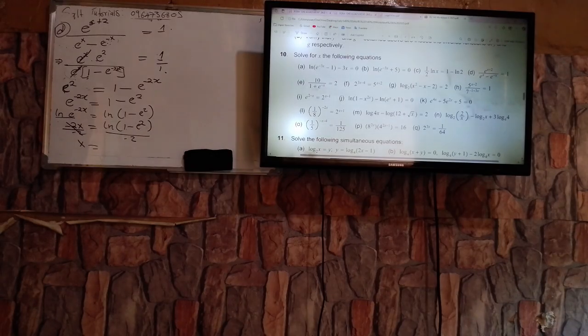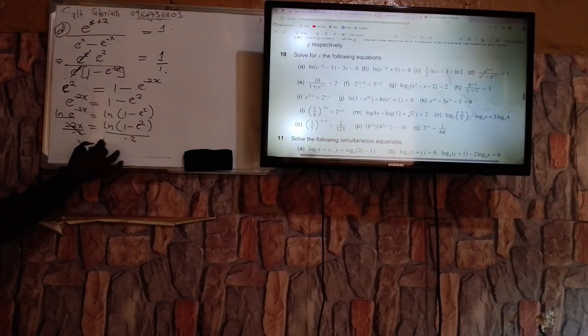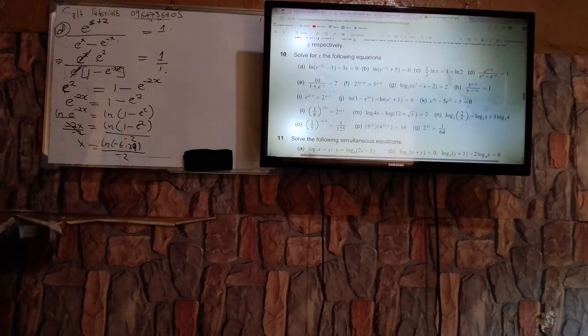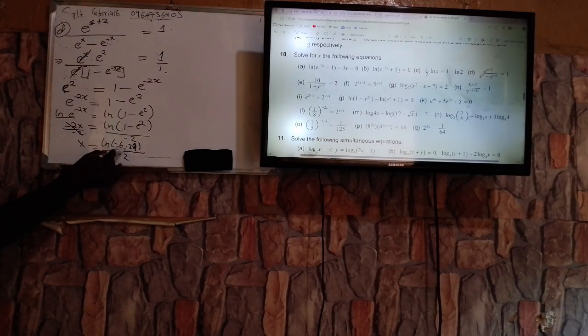Let's look at what e squared is. If I punch in e squared on my calculator and subtract from 1, it will be negative 6.39. So this would be the natural log of negative 6.39 over negative 2. But this is a negative inside the log.